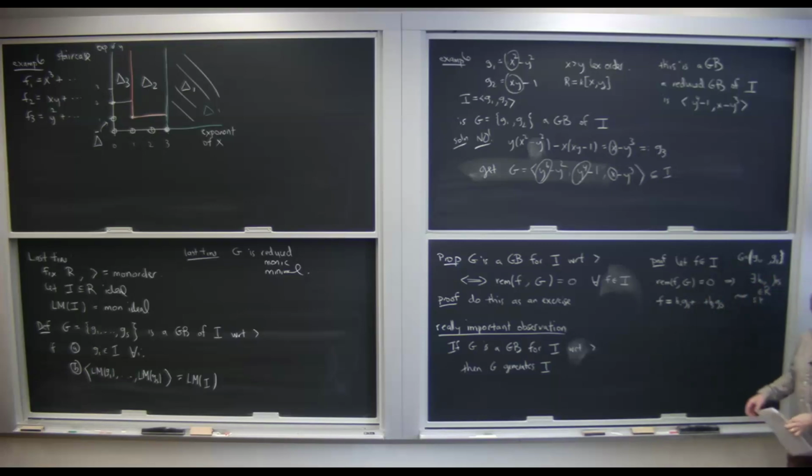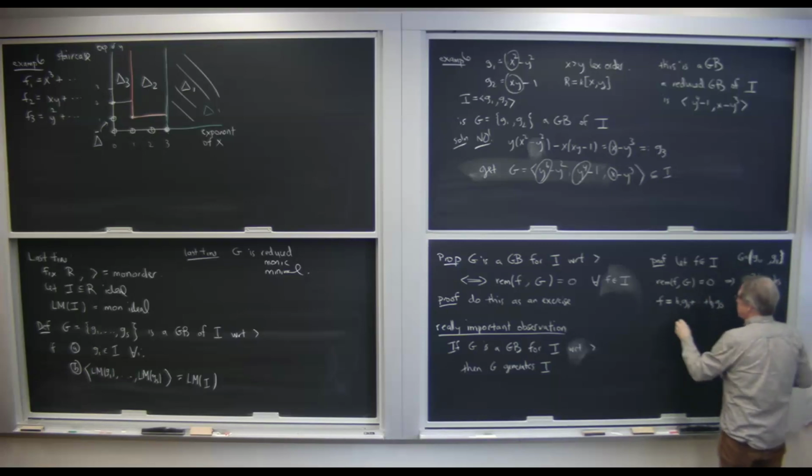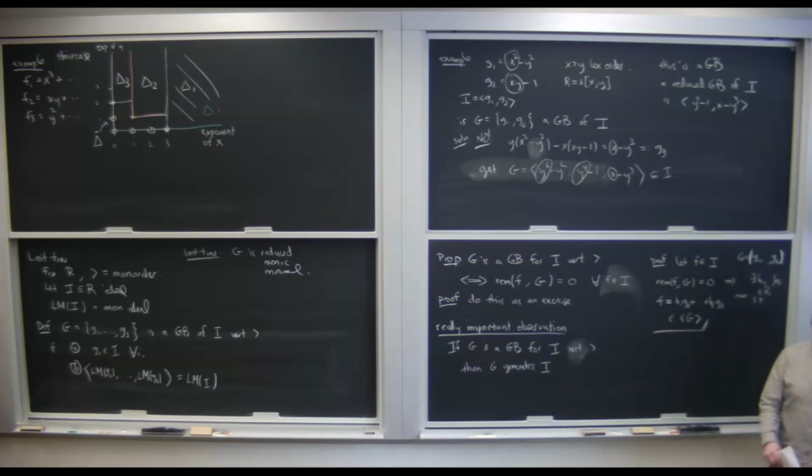Okay, does that make sense? But that's in the ideal generated by G, which is what we wanted to show. So it's really a straightforward fact, but it's hard to stress how useful that is.